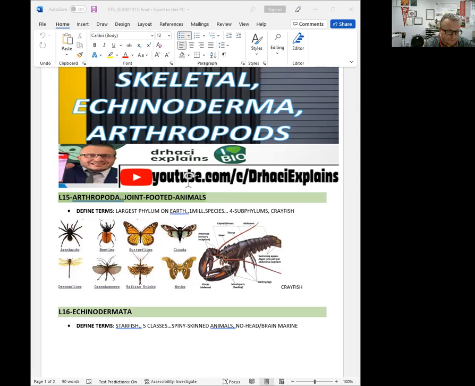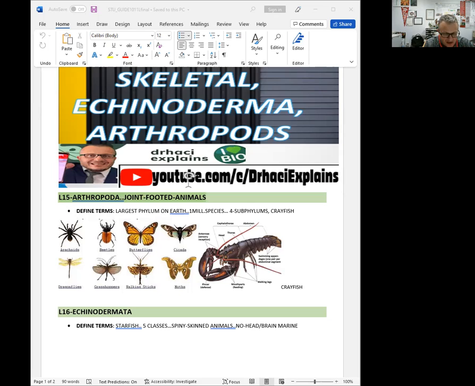So arthropods are, again, the biggest phylum in Animalia among the nine large phyla. They are jointed-footed animals, and they are very diverse, from 0.1 millimeter to 4 meters tall, like Japanese spider crabs.